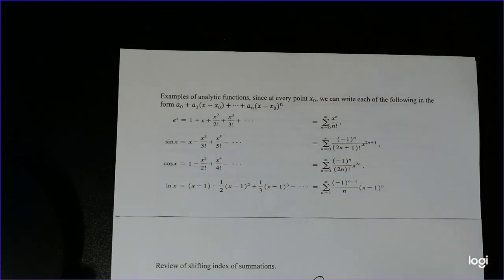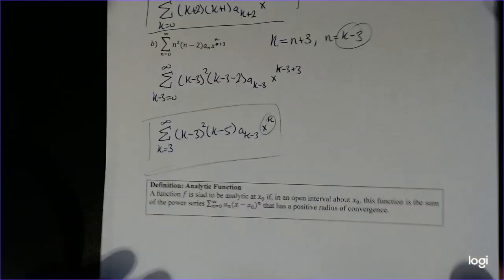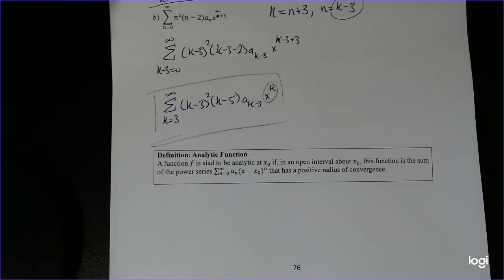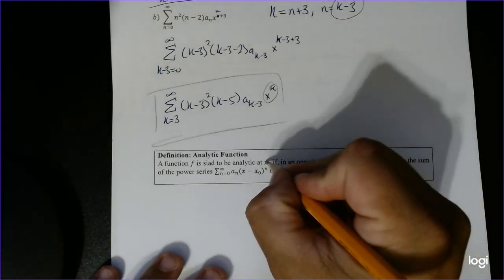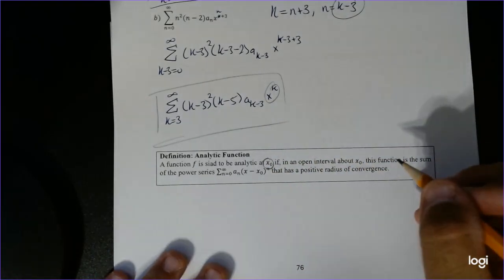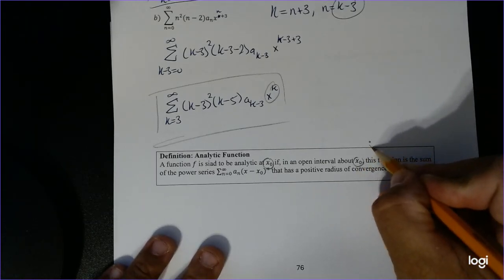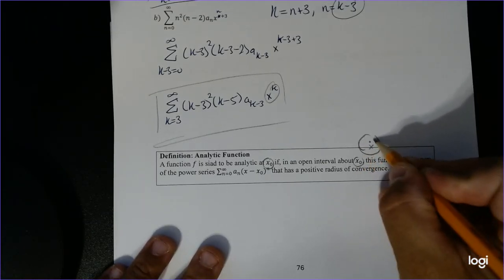Okay. Before we get there, there is one special definition we're going to use going forward. It's something called an analytic function. Okay. A function f is said to be analytic at x naught, so at a single point x naught, if in an open interval around x naught, here's x naught, open interval, right?